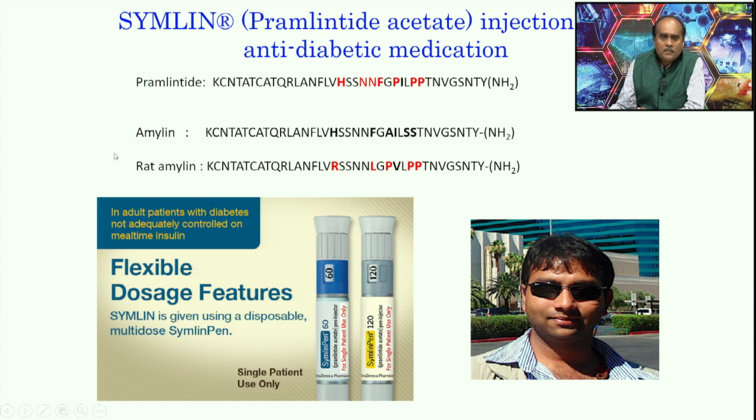There is another amylin, from rat, where there are some critical mutations, and rat amylin does not aggregate. Now taking clues from here, people designed an amylin analog or variant called pramlintide. Now this is used as an anti-diabetic medication.